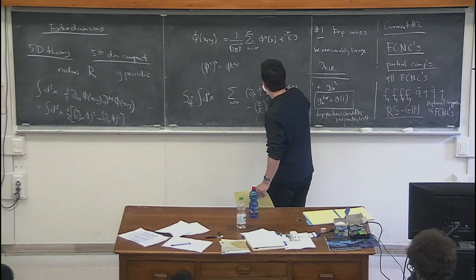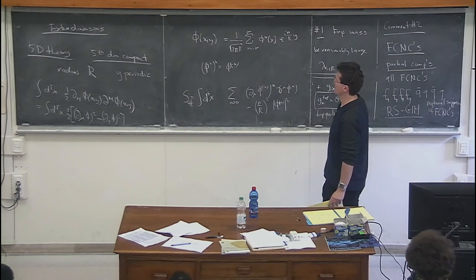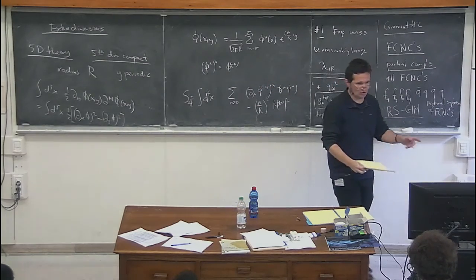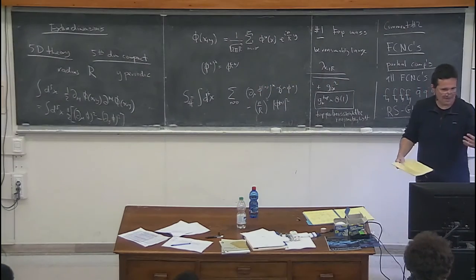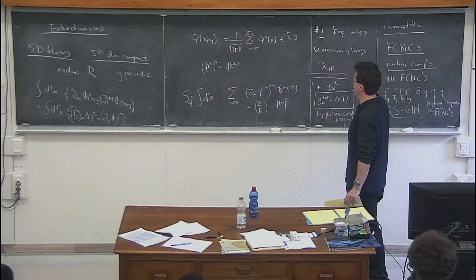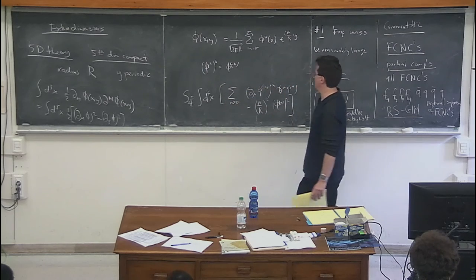I guess I can write it like this. These two have been identified, so that relation has been used, so you are only summing over the positive values now for n. This is a very simple but important formula.